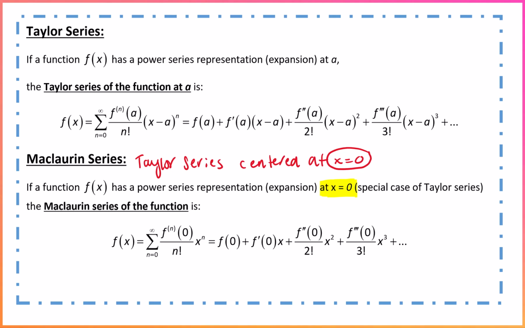It's called the Maclaurin series. So you can see here that this is just the same definition, except a is 0. And so we're looking at the nth derivative evaluated at 0 over n factorial for the coefficients. And of course, instead of x minus a on each of the terms in the power series, we just have x minus 0. So x to the first, x to the second, x to the third, and so on and so forth.